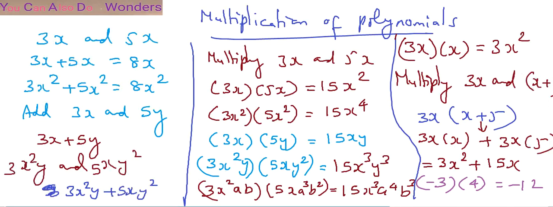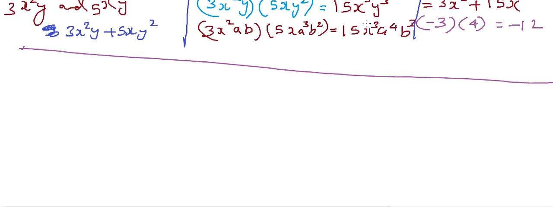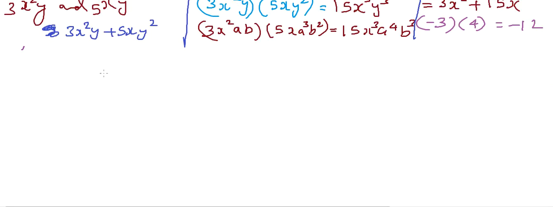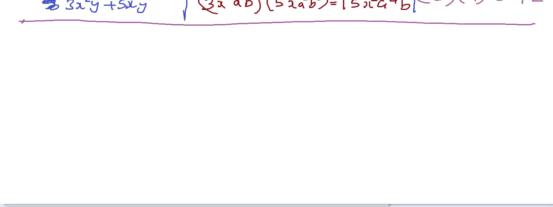Let's multiply two binomials. See, multiplication, either we can say multiplication of two polynomials, or multiplying one polynomial by another polynomial, or finding the product of two polynomials.